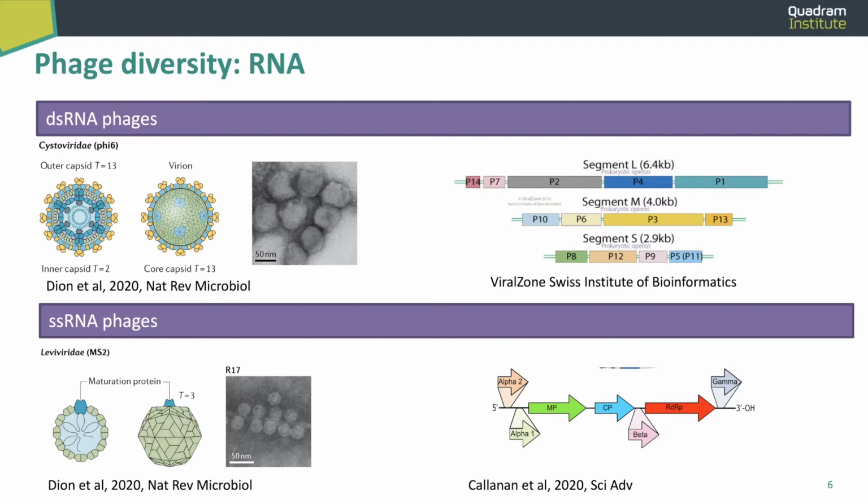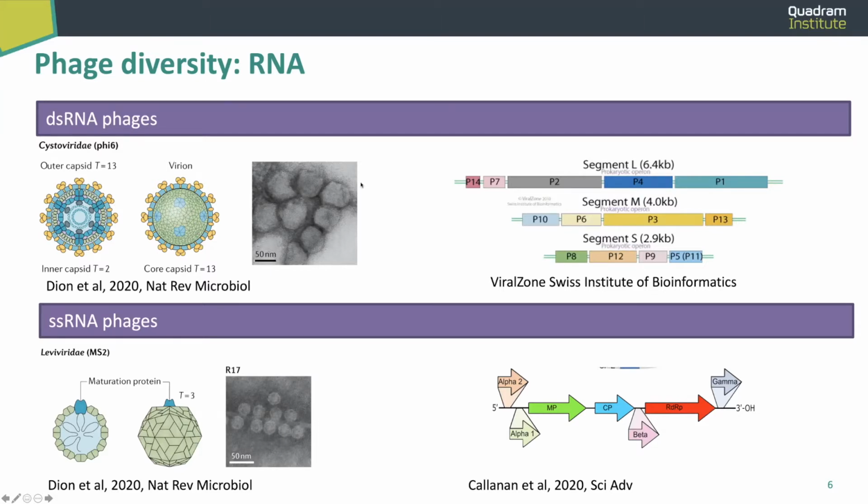But obviously, if you find some of these, you can't do normal sequencing and library preps because you're starting with RNA. The two best characterized RNA phages are the double-stranded RNA phage Phi6 and the single-stranded RNA phage MS2. What is really cool about Phi6 is that it is segmented.